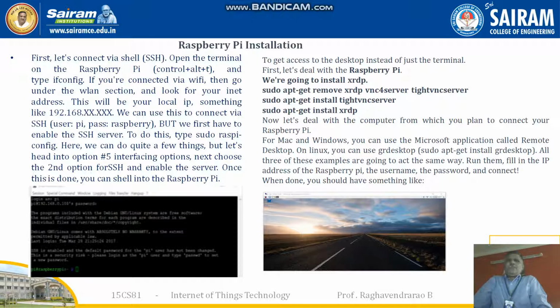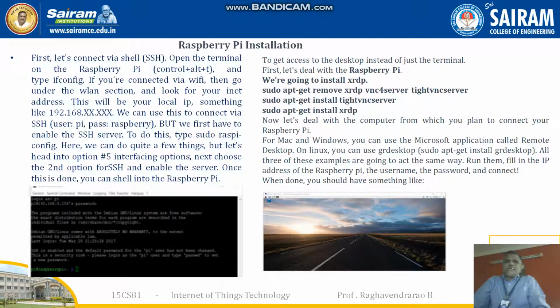But we first have to enable the SSH server. To do this, type sudo raspi-config. Here we can do quite a few things, but let us head into option 5, interfacing options.